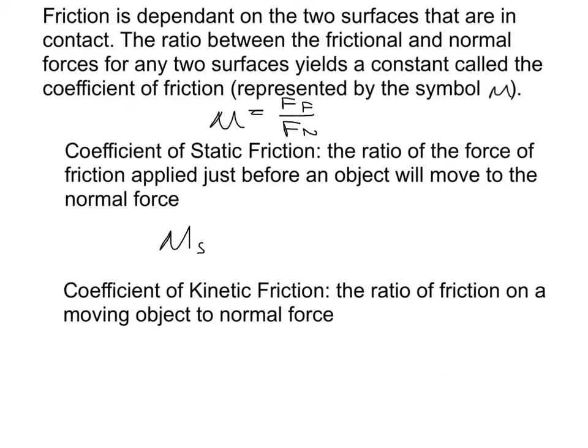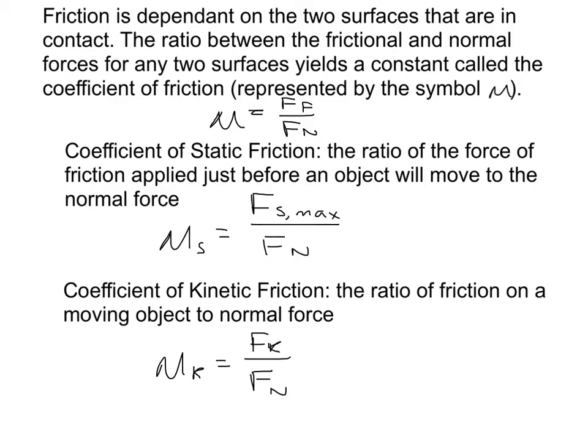So mu s is Fs max over the normal force. And the coefficient of kinetic friction is the ratio of the friction on a moving object to the normal force. So mu k is the frictional force on the moving object over the normal force.